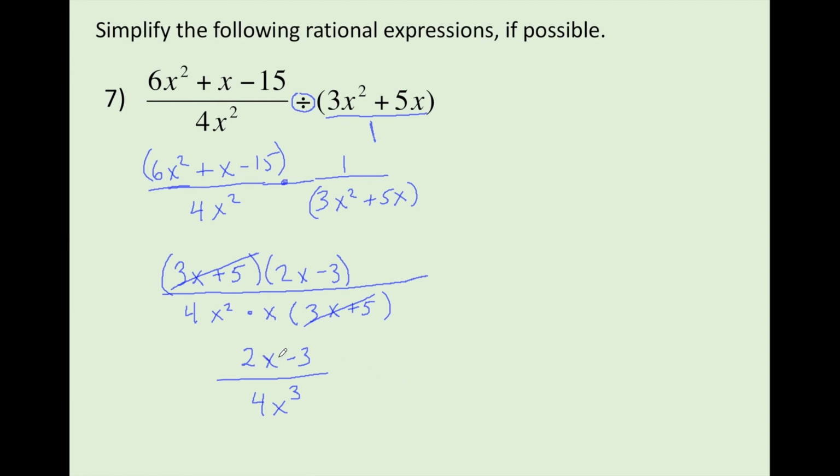All right, final answer: 2x minus 3 over 4x cubed.